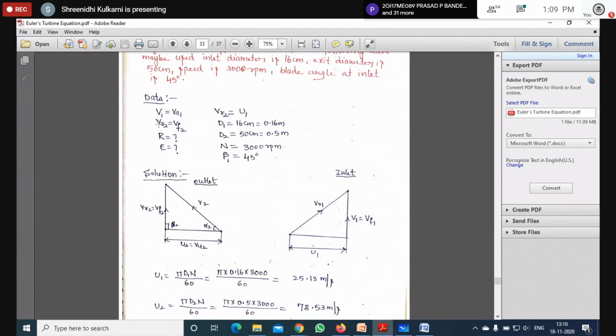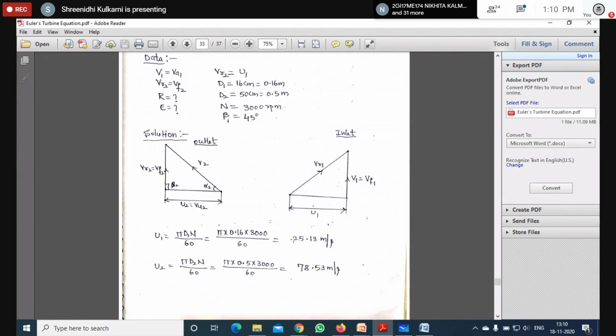Then U2 is equal to VU2. So this is the inlet and outlet velocity triangle as per the condition given.